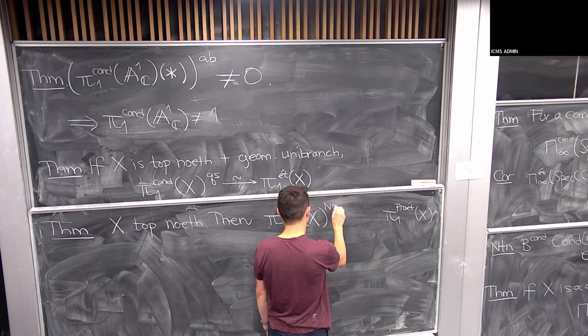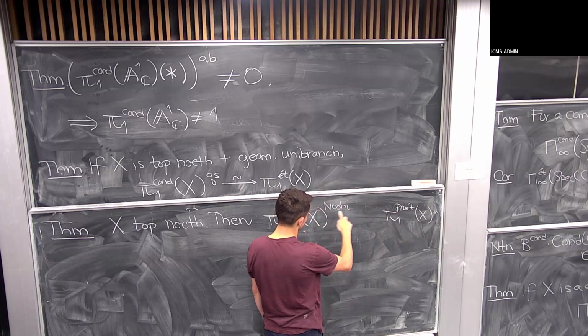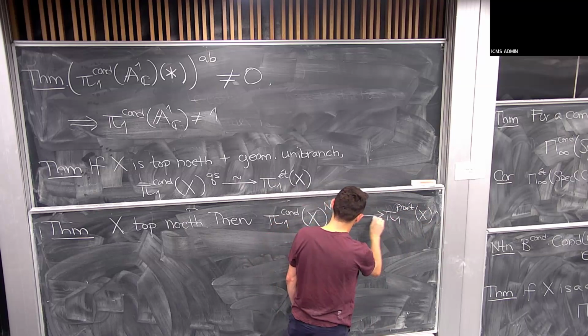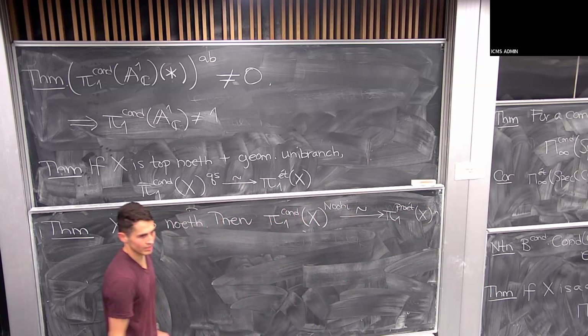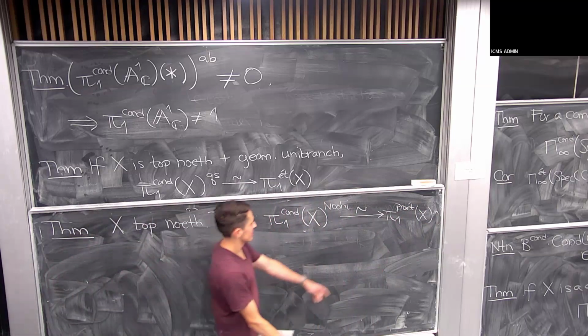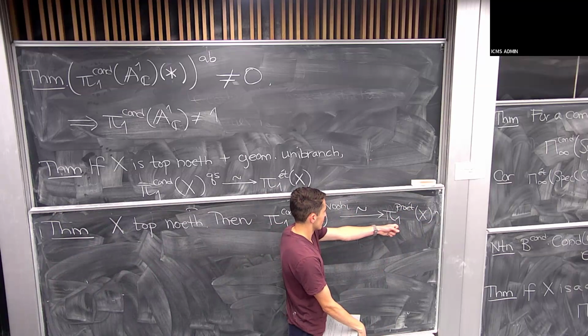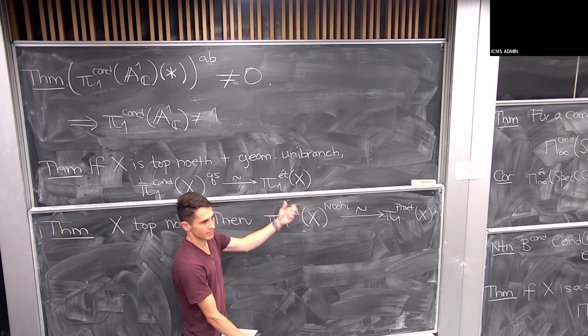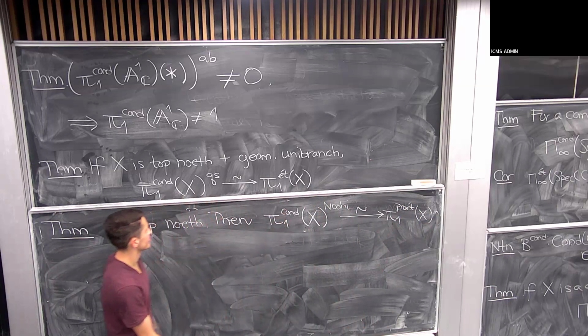You can do a completion of any condensed group to get a Noohi group, and when you do this, you get the pro-étale pi 1. But the problem is that this doesn't classify local systems with coefficients in arbitrary condensed rings. This one does. Okay, I finished there.